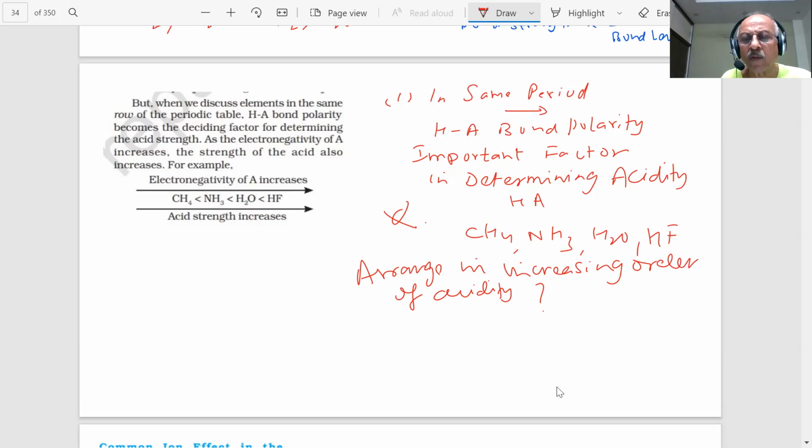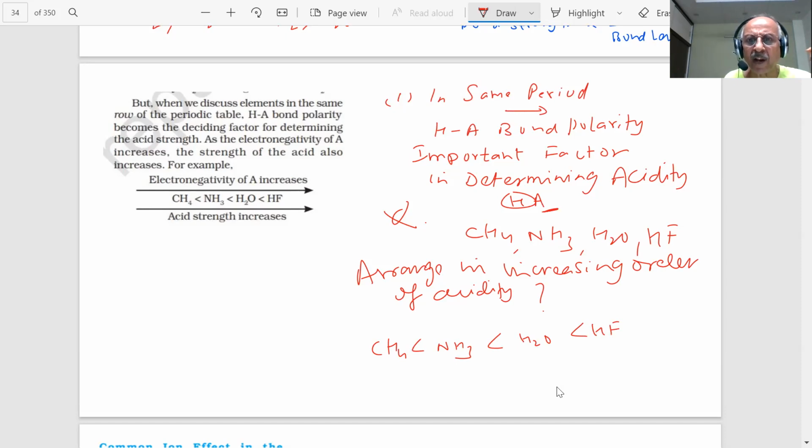Hydrogen is there and A. The electronegativity increases. So which is the strongest acid here? Strongest will be HF. HF is stronger than H2O, NH3 and CH4. This hydrogen in CH4 is not acidic at all.